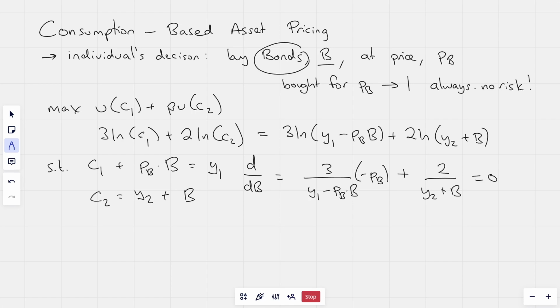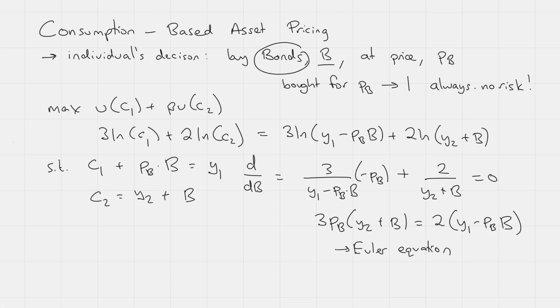I'm going to bring one to the other side and cross multiply, and so I get 3 PB times Y2 plus B is equal to 2 times Y1 minus PB times B. So this is what you could think of as basically an Euler equation, right? It's a relationship between, now I've rearranged it a little bit, but ultimately this is my Euler equation.